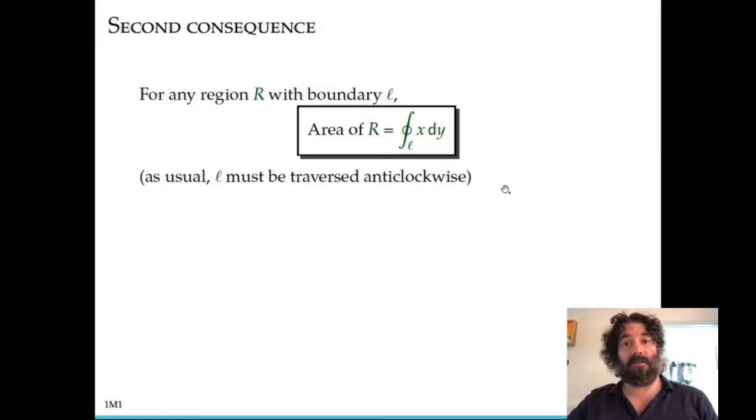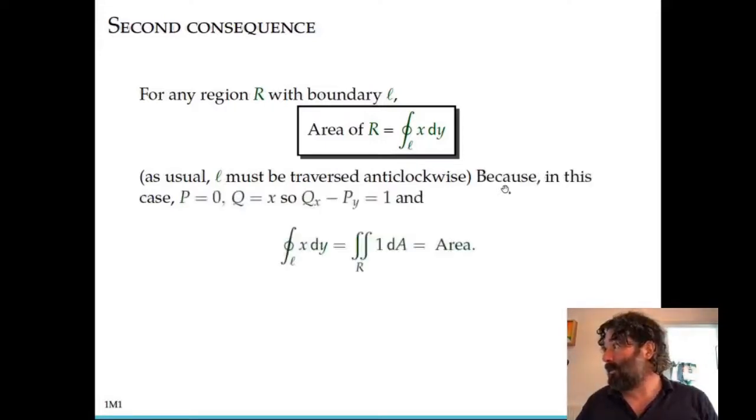So this follows from Green's theorem, because in this case we have that p equals 0. Remember, p is the coefficient of dx, and q equals x, and so qx minus py equals 1.